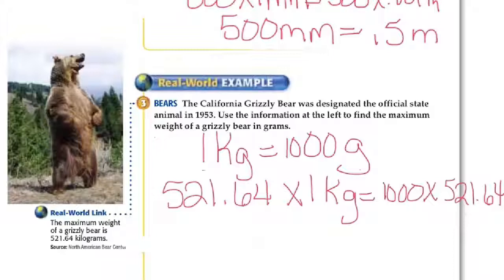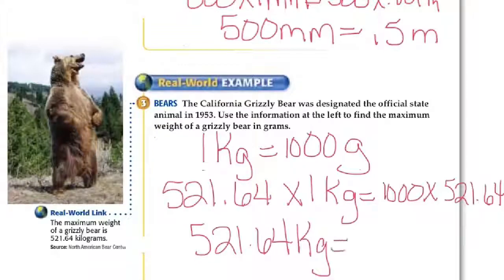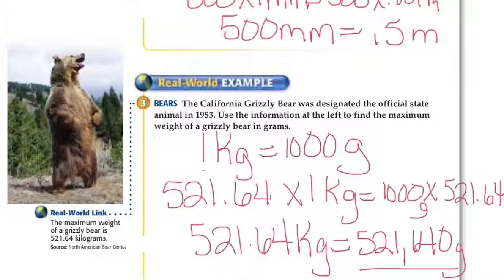So that means that 521.64 kilograms equals 521,640 grams, because we just multiplied right there. Pretty easy. So the maximum weight of a grizzly bear is 521,640 grams.